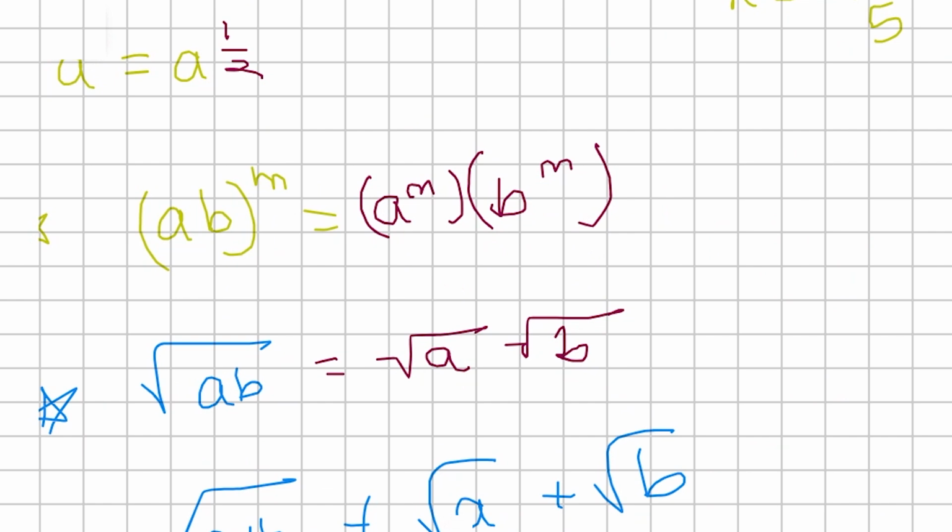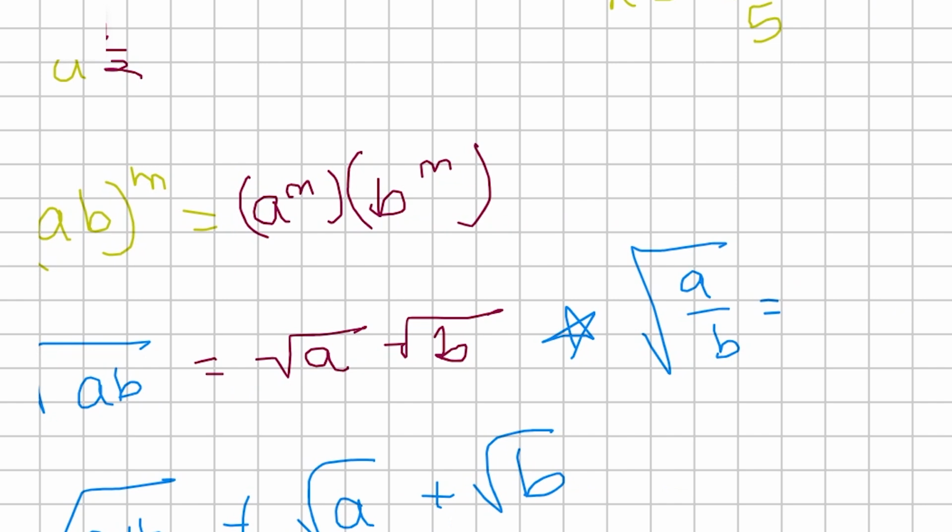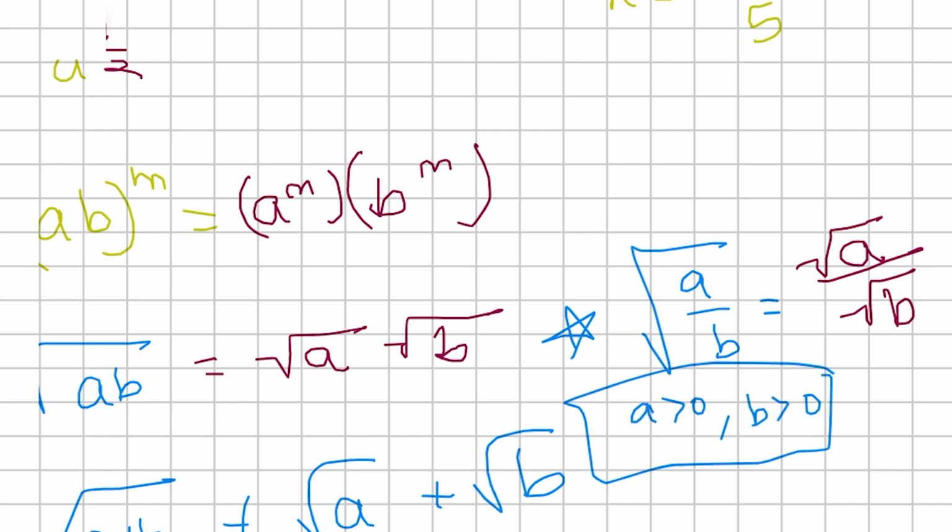You can split the square root not just for multiplication but also for division. So multiplication and division work. There are some conditions: a and b must be positive in order to split this square root. We don't discuss that in detail.